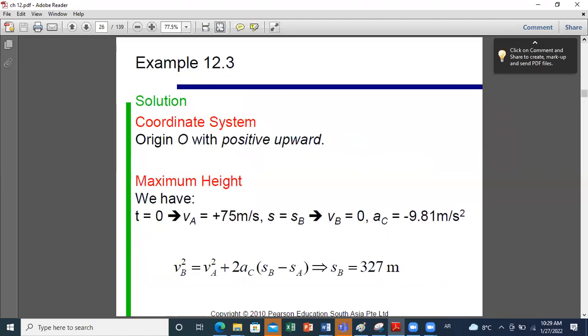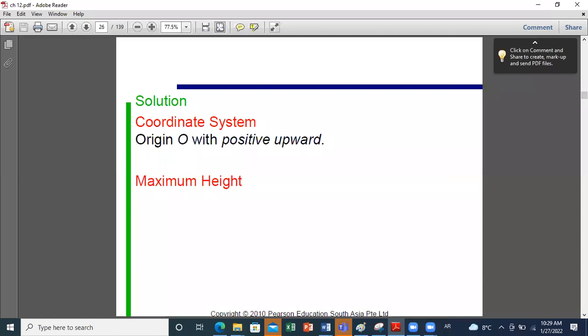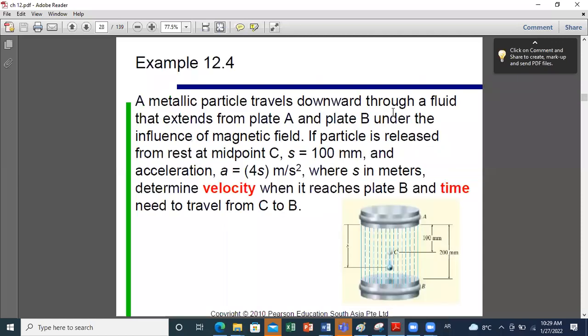So let me go back to the figure. This is your figure. How is your positive direction of s, coordinate s? It's down. And when you move from C to B, you are starting from rest. As you are moving down, since you are accelerating, they told you under the effect of the magnetic field, you have a downward acceleration, a equal to 4s.